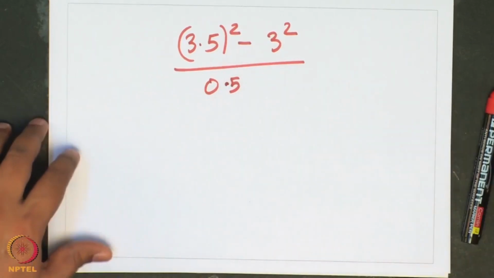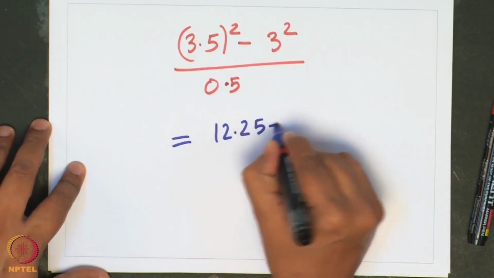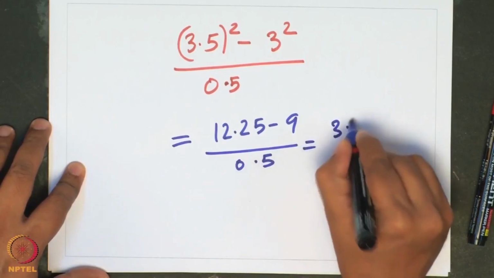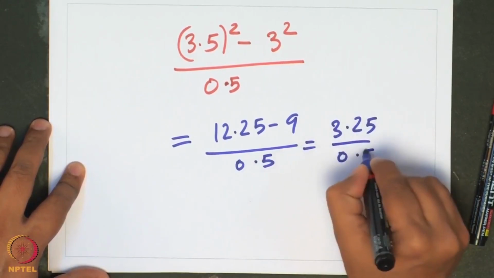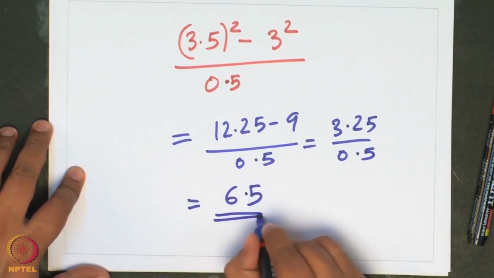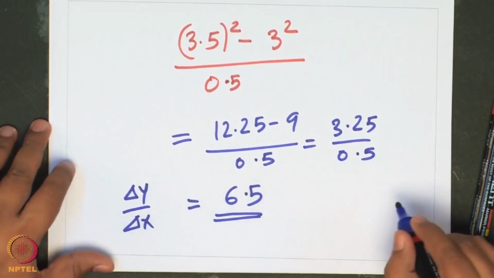So the answer is 12.25 minus 9 divided by 0.5, which is 3.25 divided by 0.5, which is 6.5. So delta y by delta x, we got 6.5.